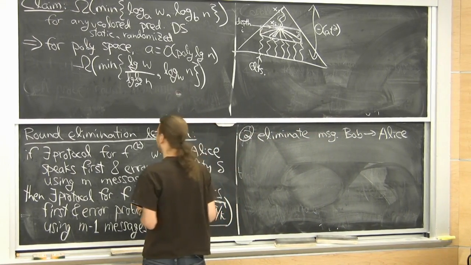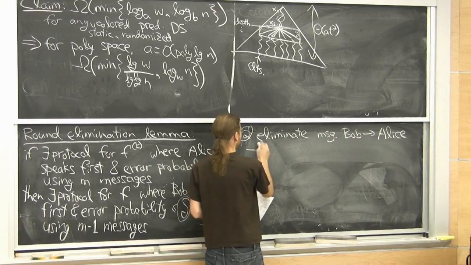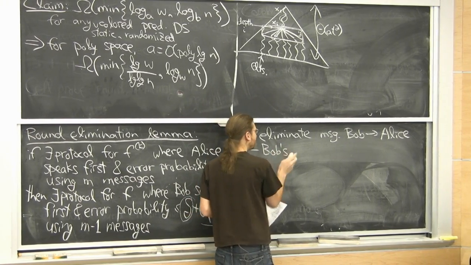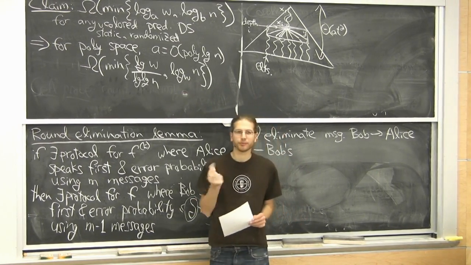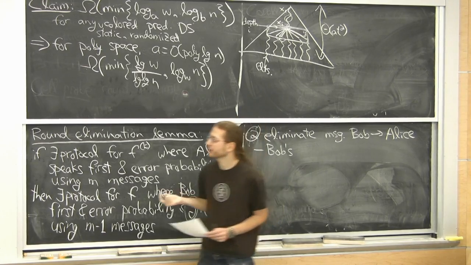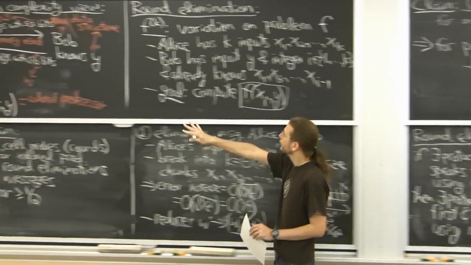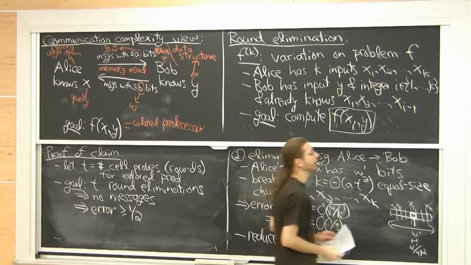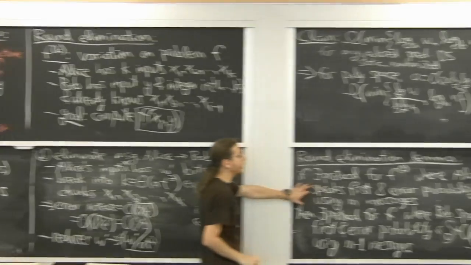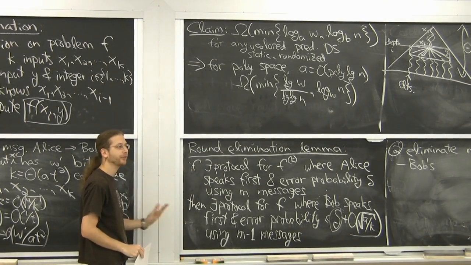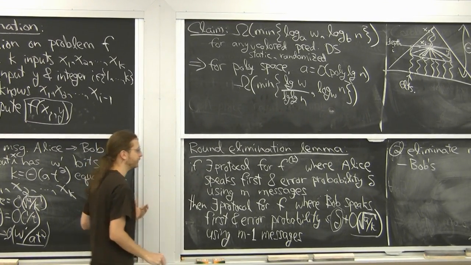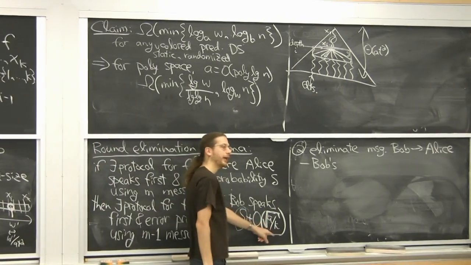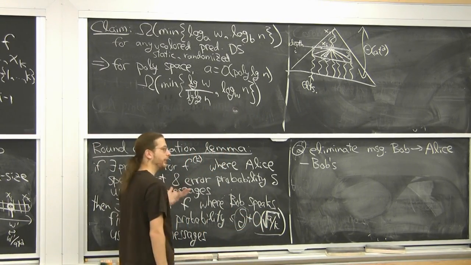Let's suppose, so this is going to get slightly confusing notationally because you have to reverse A and B. The picture I set up over here, and the round elimination lemma, f to the k, and round elimination lemma are all phrased in terms of eliminating the Alice to Bob message. You've got to invert everything. So we're going to get square root of b over k error if I don't relabel things.